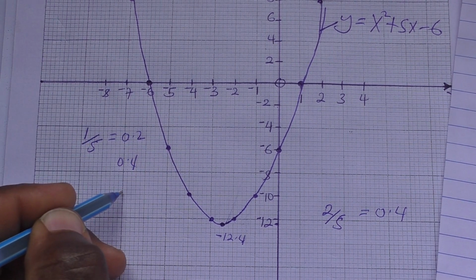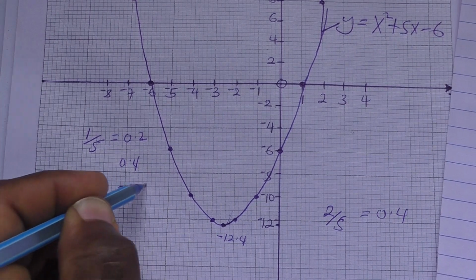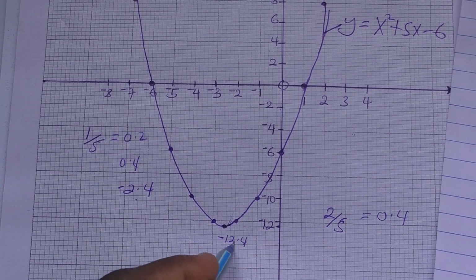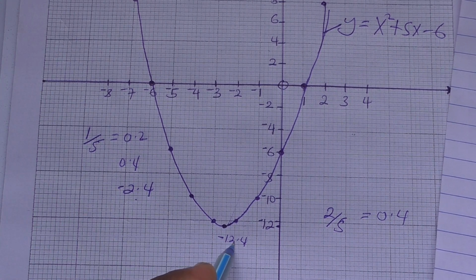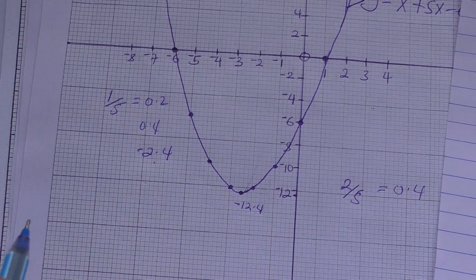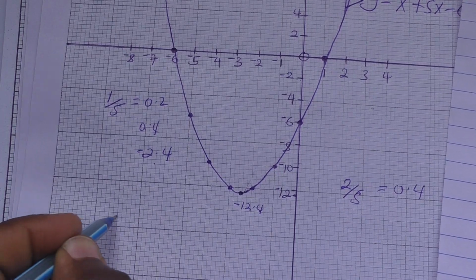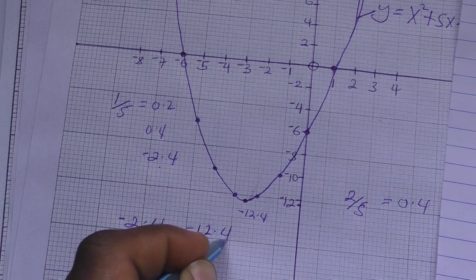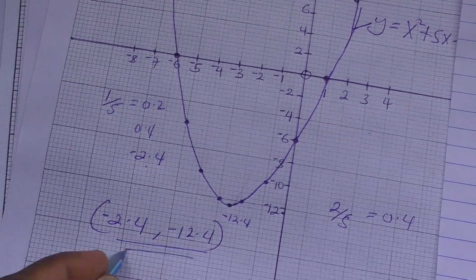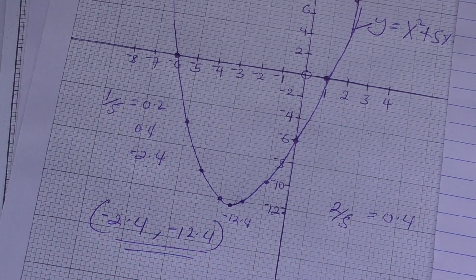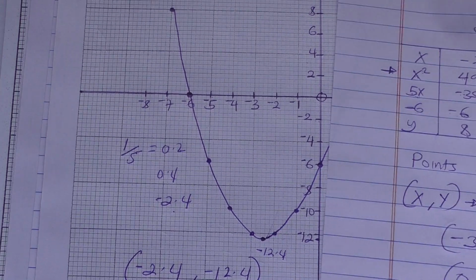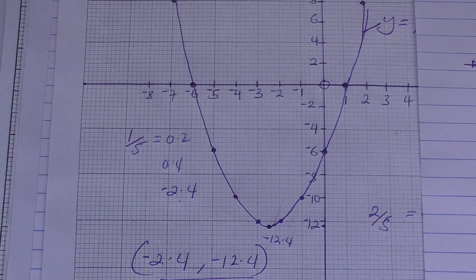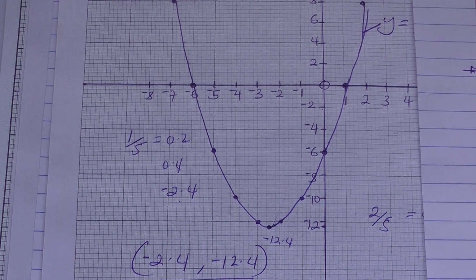So it is -2.4, that's the x value, and the y value is -12.4, meaning that my coordinate for the vertex is -2.4 and -12.4. This is my coordinate for the vertex. So that is how we sketch the quadratic curve of the quadratic function.